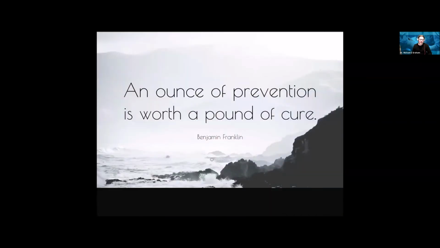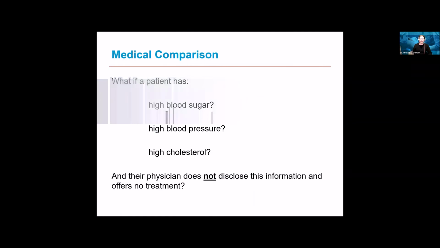Well, we're taught, and this is what's preached, but there are very few that put these words into action, that prevention is something that we need to focus on. Let's get to them before they have these end stage diseases, before we have to chop off their leg. So we have all these other medical conditions that have absolutely no symptoms whatsoever, and yet we are so focused on treating them.